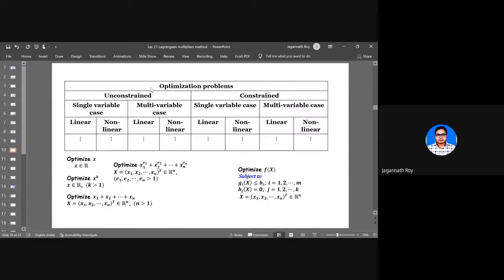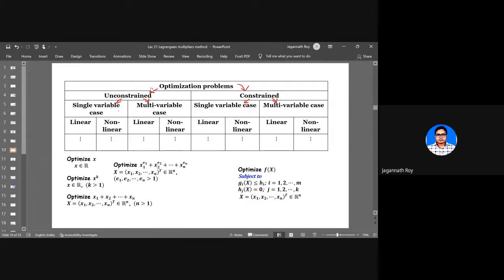Now, if you remember, optimization can be classified into two types. Either it is unconstrained or it is constrained. Similarly, the constrained case can also be separated into multivariable case and single variable case. Similarly, the unconstrained case is also bifurcated into single variable case and multivariable case.